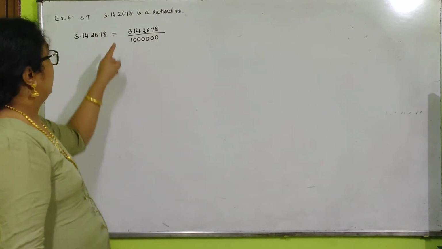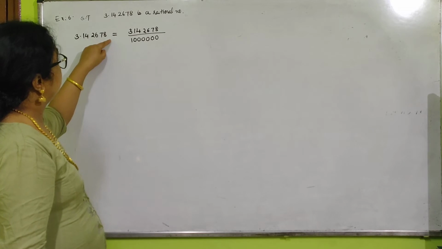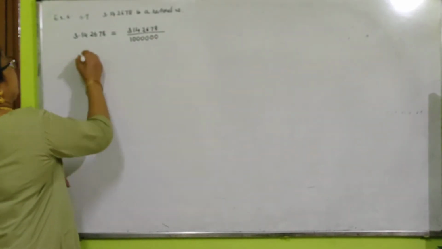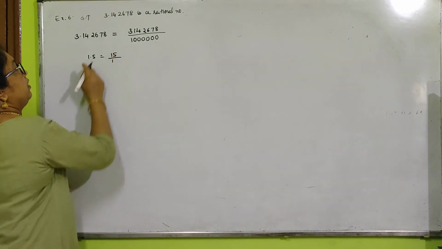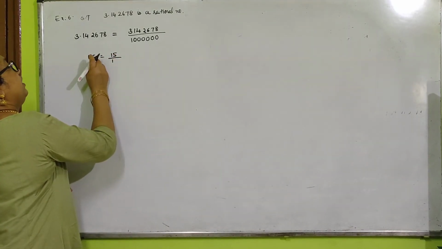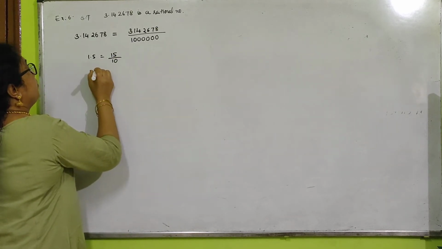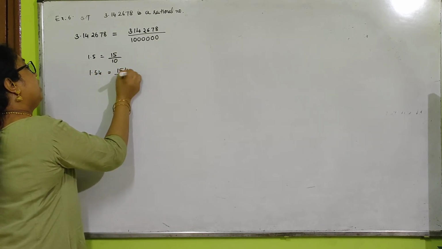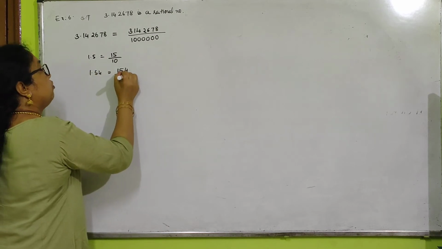So understood? After the decimal, however many digits are there, that many zeros you write after 1. If you look, suppose you have 1.5, we write 15 upon 1 first, and after the decimal 1 digit is there, so we write 10. If it is 1.54, how will you write? 154 upon 1 first, and after that 2 digits are there, so 2 zeros.